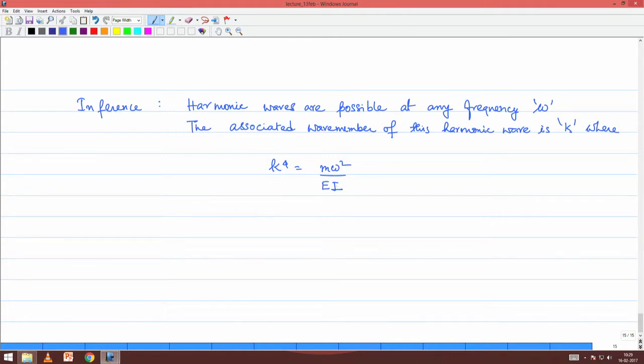The same thing we have seen in acoustics, but in acoustics the relation was that for each frequency omega, you are going to get a harmonic wave with wave number k, where k is basically omega by c. Here we have k to the power 4 is m omega square by EI. But please note, there is one stark difference which I do not know whether you have realized. This is going to give 4 roots, not 2 roots.